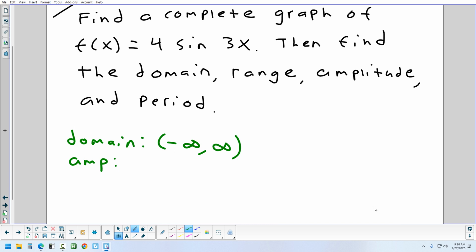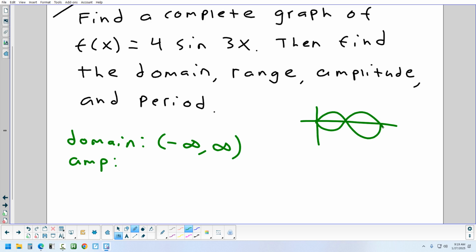All right. So yes, we have to take the absolute value of that number in front. It's not that that number doesn't affect it if it's negative. It does. It causes a flip. But when you're talking about absolute value, taking a graph and flipping it doesn't change the amplitude. Okay.